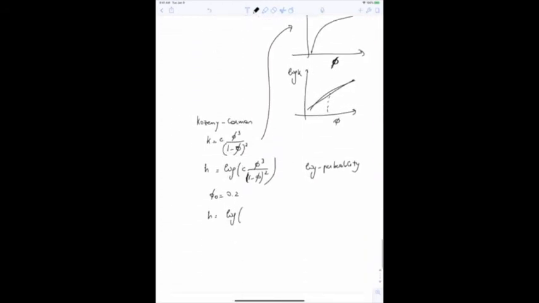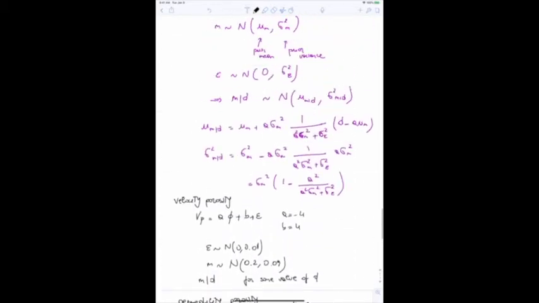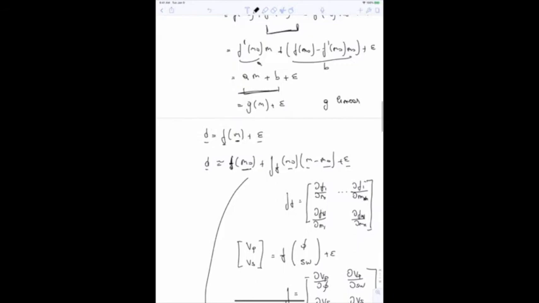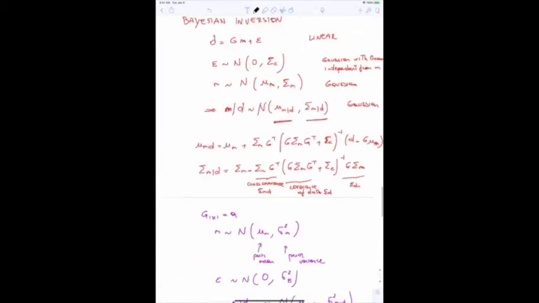So it's the derivative, let's write it this way, in porosity 0 times porosity plus that constant. This is just the value of the function at 0.2.